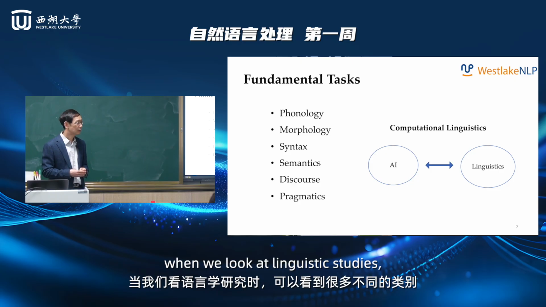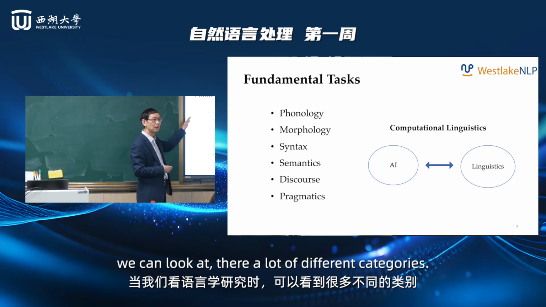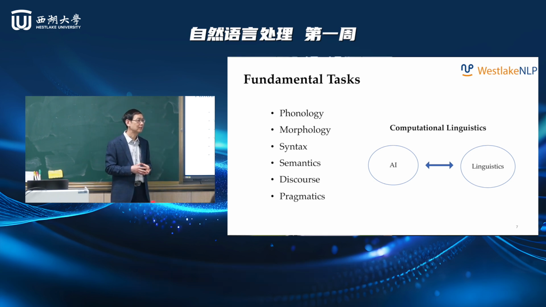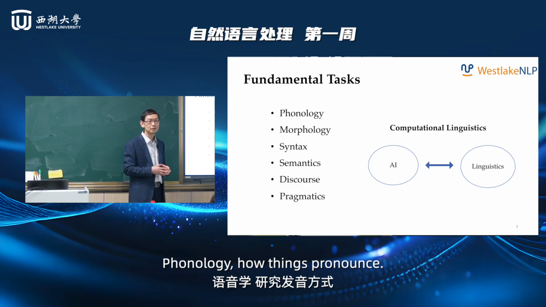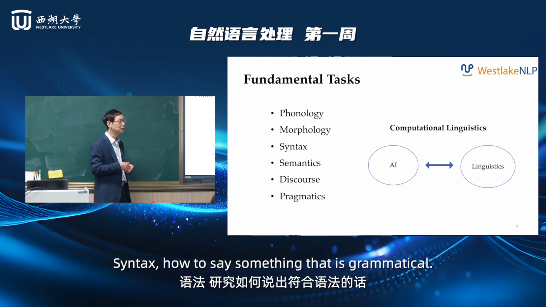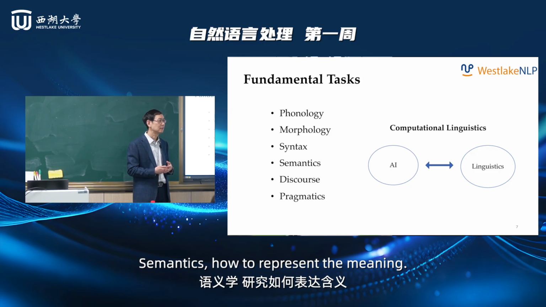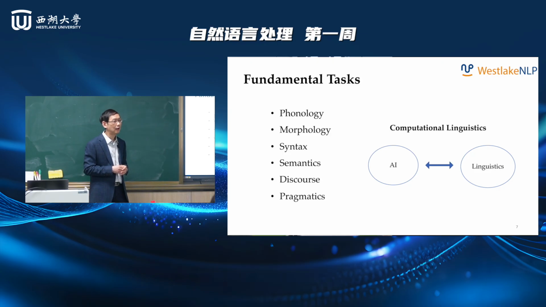So when we look at linguistic studies, there are a lot of different categories of things people are interested in, right? Phonology, so how things pronounce. Morphology, how to spell things, right? Syntax, right? How to say something that is grammatical. Right? Semantics, how to represent the meaning, all right?